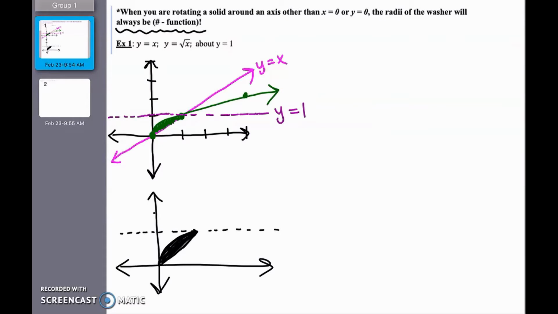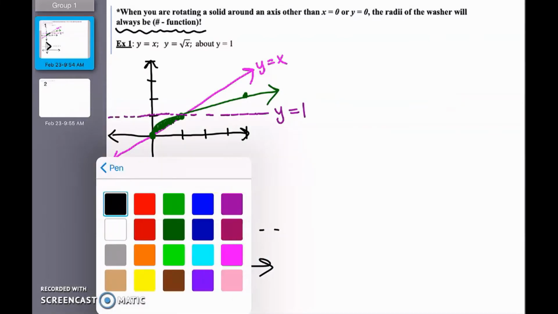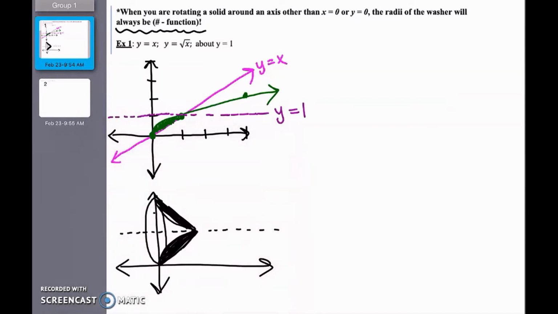So when I rotate it around, it's going to look like that. And so I'm definitely going to have like a hole in the middle.